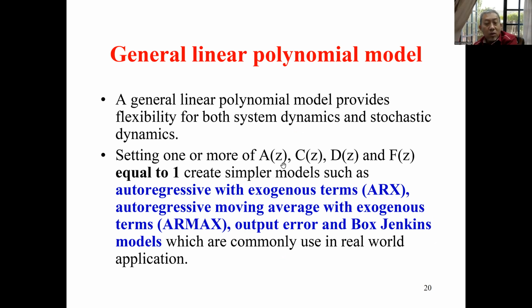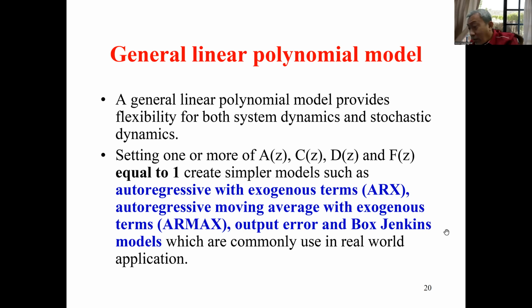Setting one or more of A, C, D, and F equal to 1 creates a simpler model such as autoregressive with exogenous term or ARX, or autoregressive moving average with exogenous term ARMAX, or output error and Box and Jenkins models, which are commonly used in real world applications.